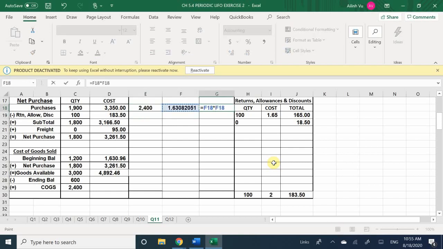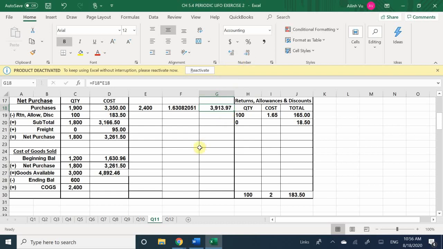Okay. So what is our grand total here if we were to calculate our cost of goods sold? 3913.968, which we can round up to 3914.